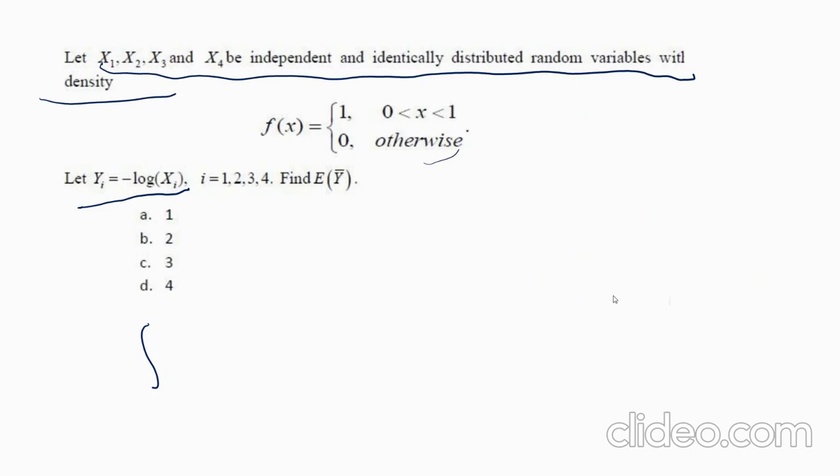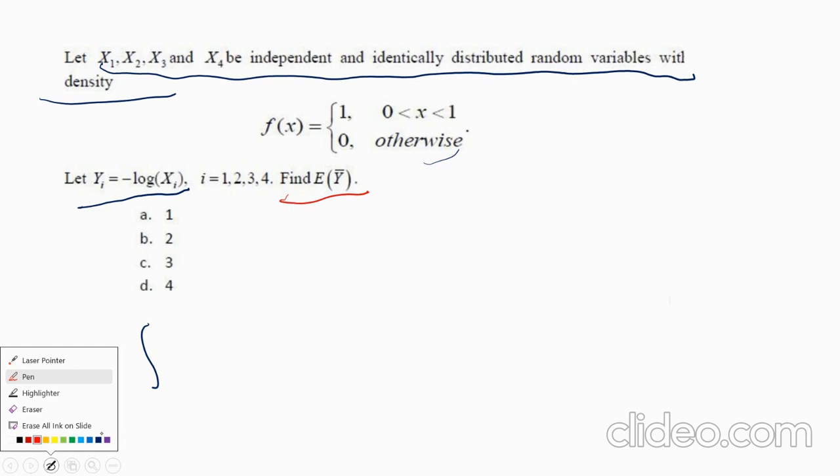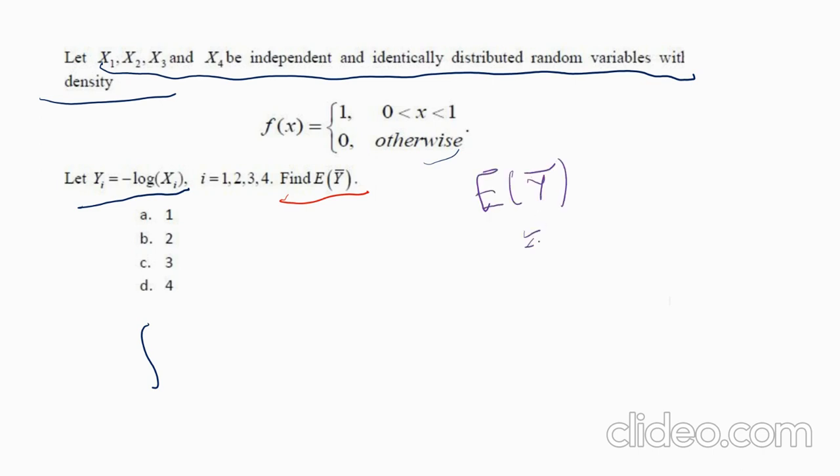What I can do here is that yi is equal to minus log xi, and we want to find the expectation of y bar. To find this, the expectation of y bar will be equal to the expectation of the summation of yi divided by 4, which is 1 by 4 times the expectation of the summation of yi.